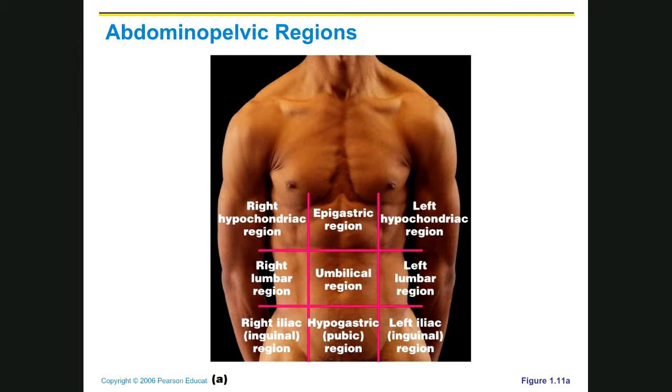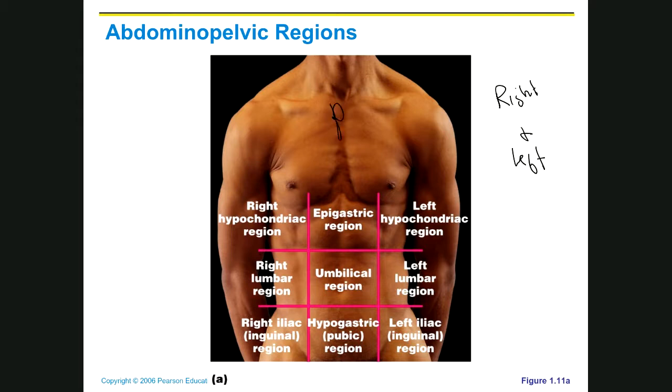So there are 9 regions. Remember how important right and left is. Do you remember how we determine right and left? Whose right is it? Yes, so here's our patient.